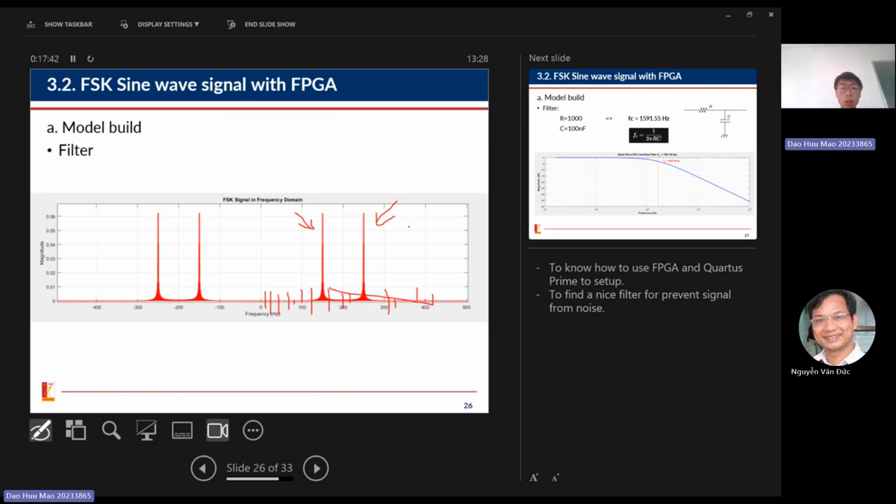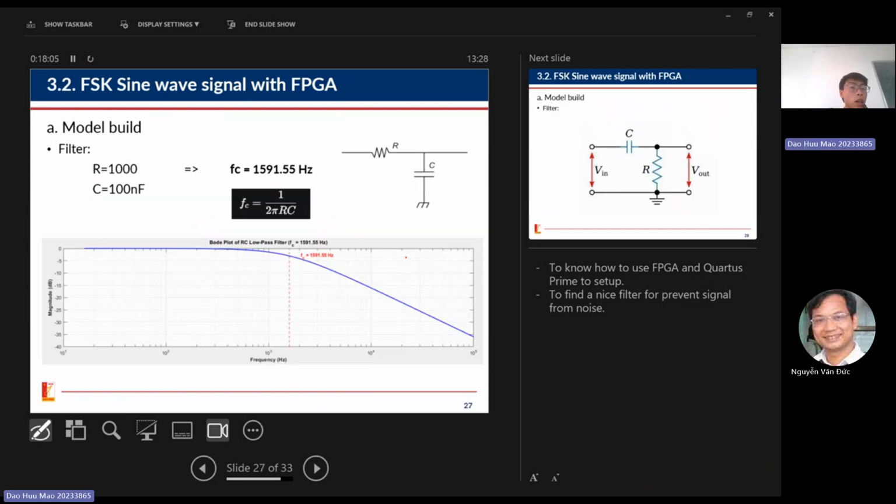Here we will choose a basic filter, meaning a low pass filter and a high pass filter, so we can prevent the noise in lower frequencies and higher frequencies.